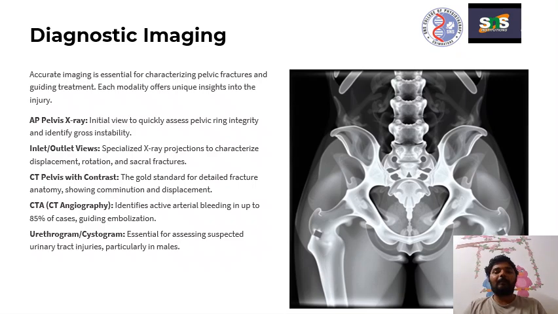Then CT pelvis with contrast, the gold standard for detailed fracture anatomy, showing communication and displacement. Then CTA, CT angiography, identifies acute arterial bleeding in up to 80% of the cases, guiding embolization. Then urethrogram or cystogram is essential for assessing suspected urinary tract injury, particularly in males.